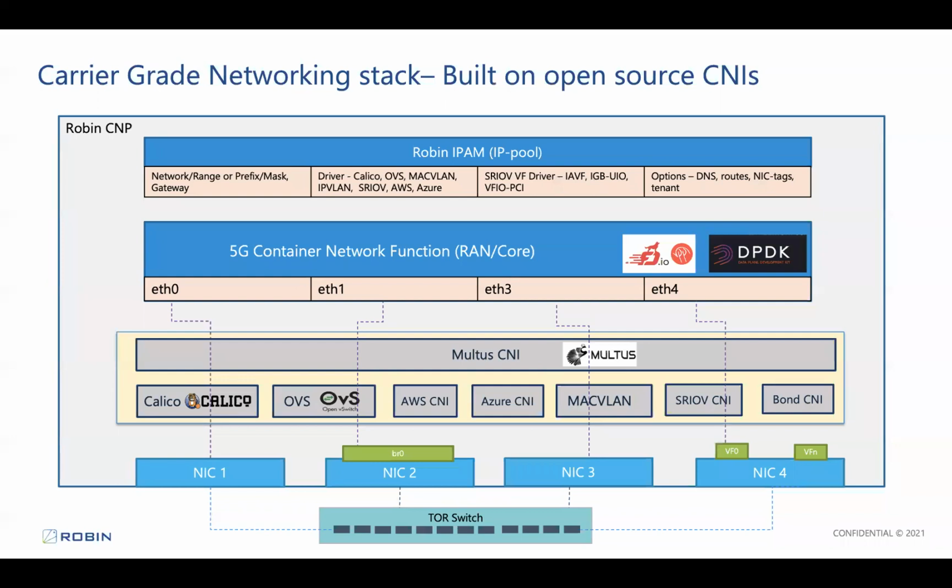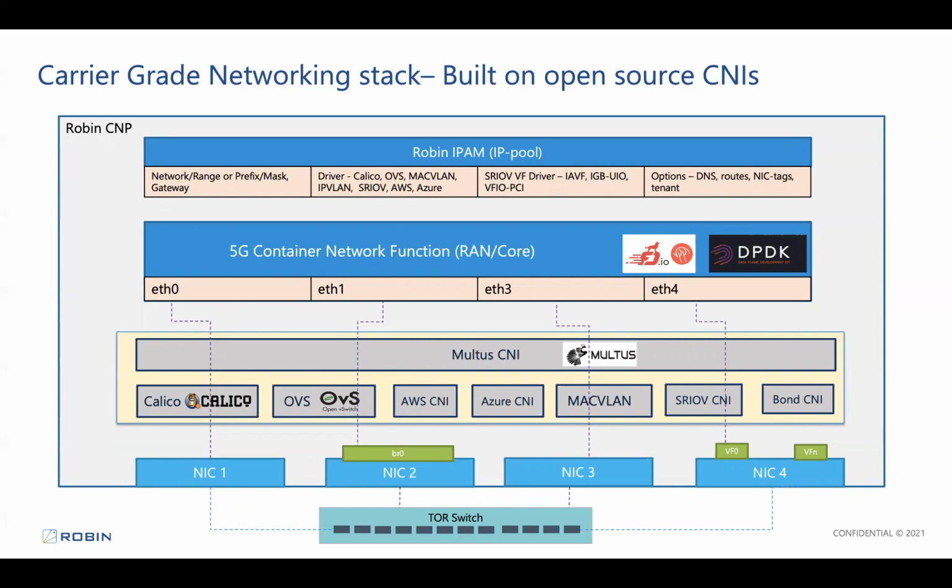So we talked about carrier grade networking. How do we achieve a carrier grade networking stack using open source CNIs? So here is a high level logical picture of how Robin CNP uses different components in open source Kubernetes. On an abstraction layer, Robin has Robin IPAM, IP address manager, which is our IP pool.